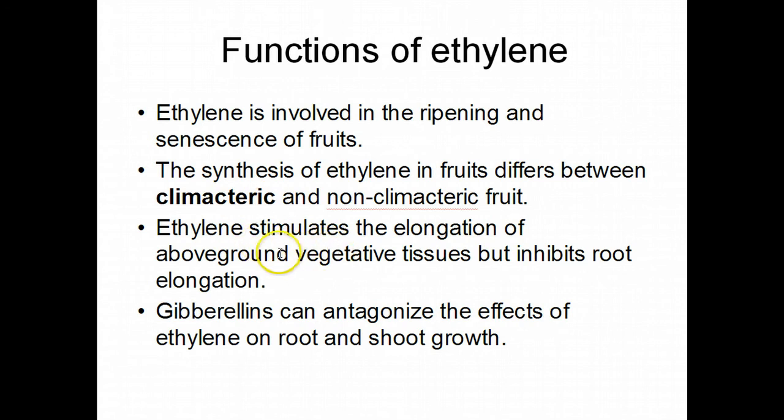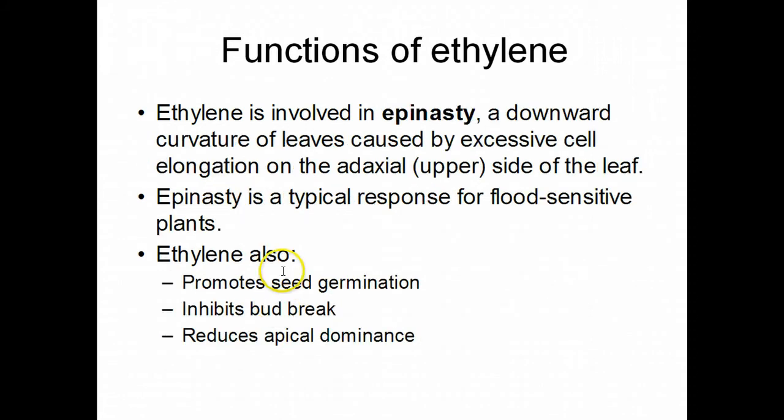Ethylene also can change the way a plant grows. One of the classic things that we see in flooding is something called epinasty, and that has to do with actual irregular cell elongation.